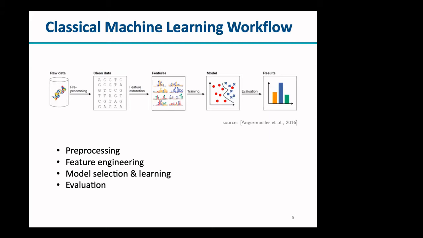So the evaluation, the measures for this evaluation, and visualization techniques are very important to demonstrate the results, evaluate the results, and to know how good your trained model is. So pre-processing, feature engineering, model selection, training, learning, and evaluation are the main steps of a classical machine learning workflow.